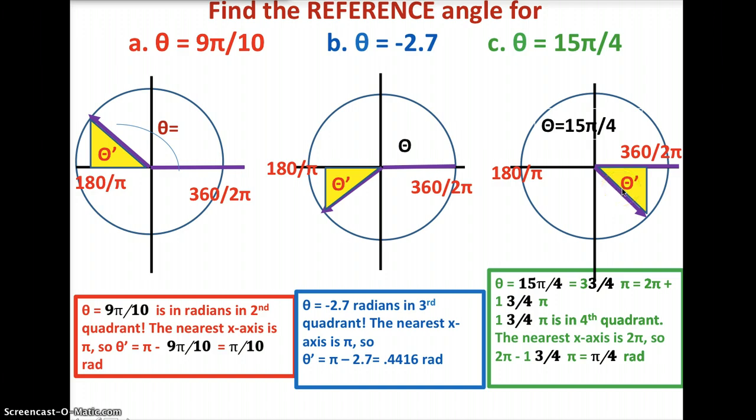So the nearest x-axis is 2 pi after eliminating one full rotation. Again, this is related to the coterminal concept or periodic concept, where 2 pi is taken out first so you can see exactly where it is. So when we take 2 pi, which is the nearest x-axis, minus 1 3/4 pi, you get 1/4 pi radians.